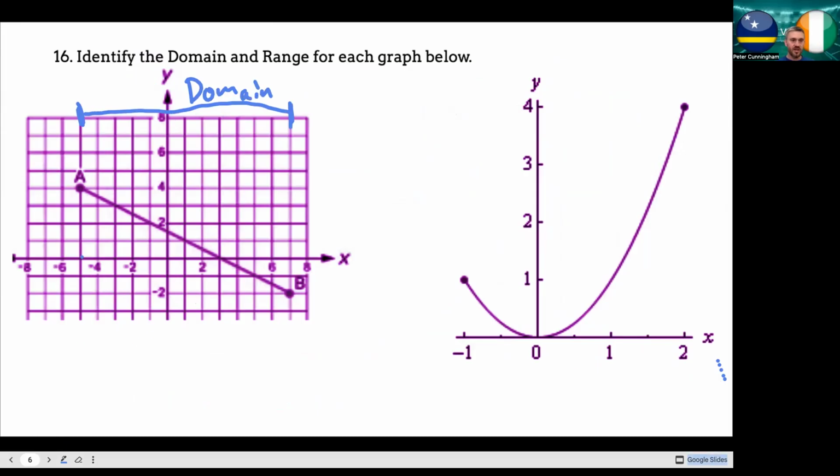So the beginning of your x values here, not on the graph, but the line itself. This lowest value is -5. We've got a filled in dot, so we need it less than or equal to x. The highest x value we get to is 7. So that's your domain.